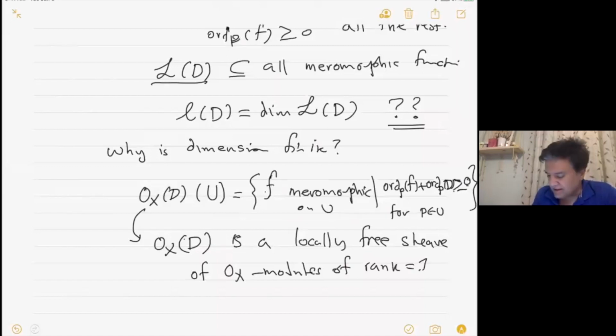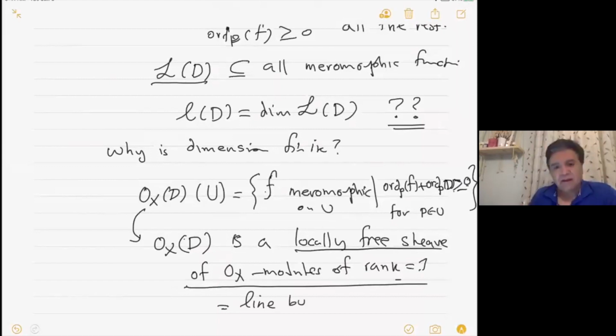And these are also named line bundles. And in fact, it is true that any line bundle on X is in this form. But if you have two divisors D such that their difference is a principal divisor, then these two will give you the same line bundle.